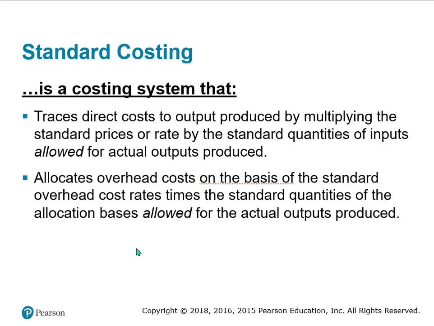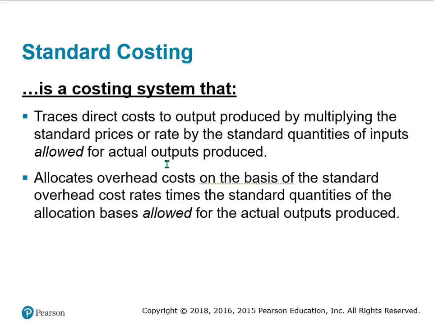So now standard costing. Okay, it's a costing system that traces direct cost to output produced by multiplying standard prices or rates by standard quantities of inputs allowed, okay, for actual output produced. Okay, that's what standard costing is. And we kind of used it interchangeably in here between standard and budgeting costs.